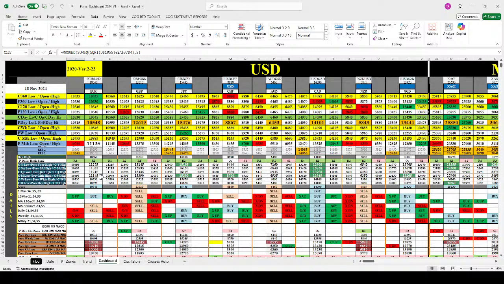Then we do what we call trade identifying. That means, like today, what do I expect the market to do, and how do I expect the market to move. Then of course we need to have a trade plan.